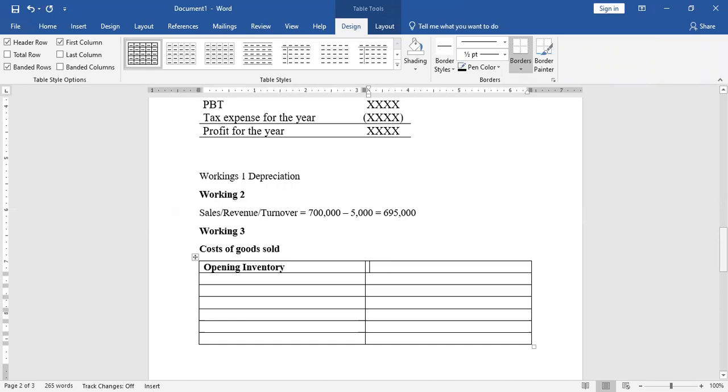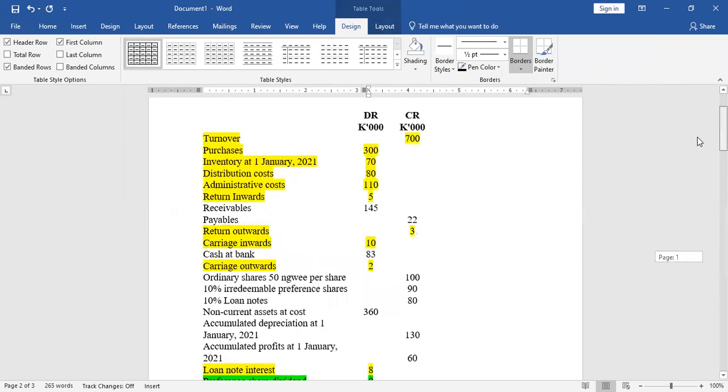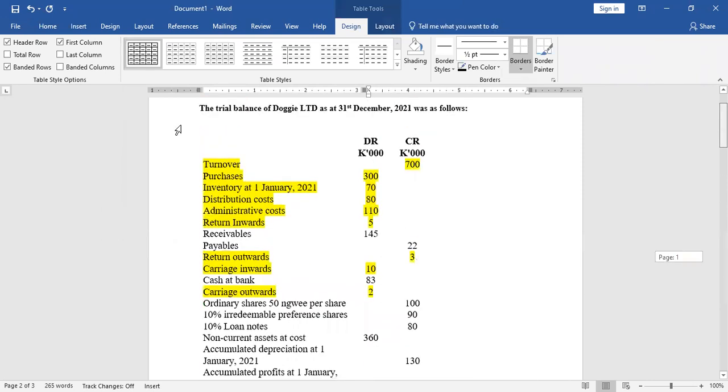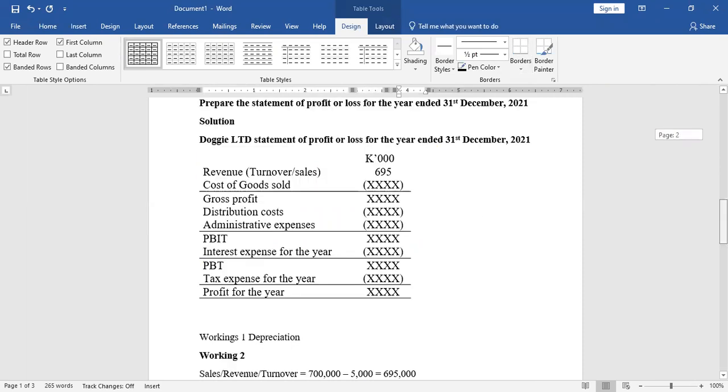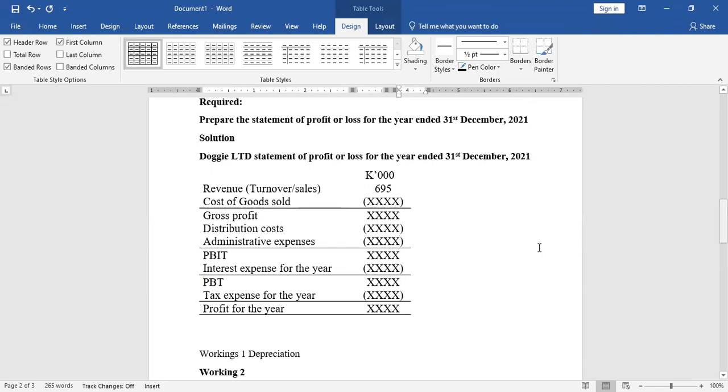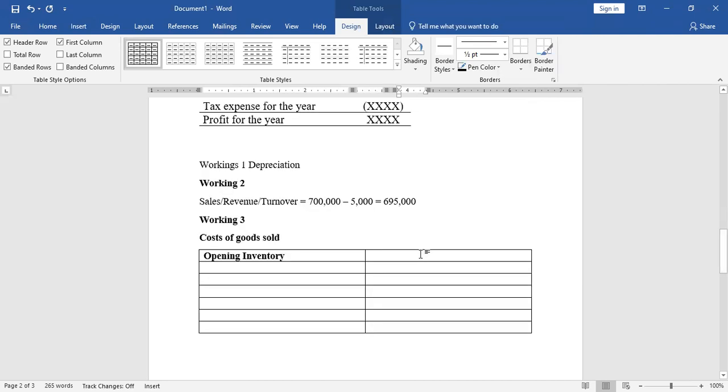The opening inventory is there in the trial balance. What was our opening inventory? 70, as you can see here. So opening inventory, I'll bring here on the workings, 70. And then plus purchases.